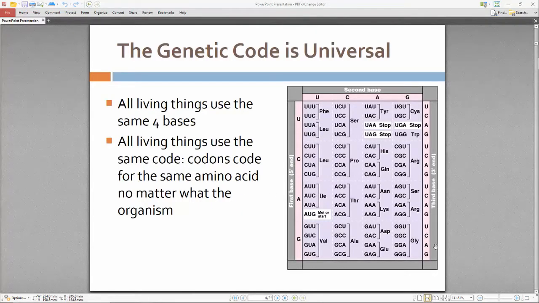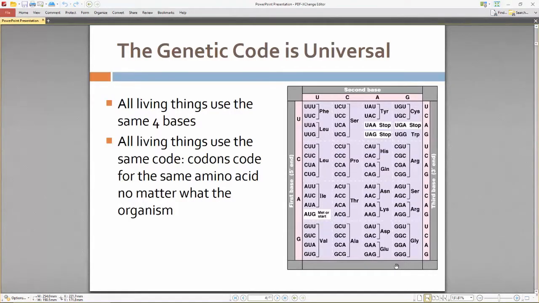So this chart, the way to read it is first of all, over here refers to the first base of your codon. And then if it's the first row, then you look at the columns, which is the second base in your codon. So let's say UC. And then for the last base, you go on the row in this little box. So if I want to do UCU, I go U over here, C, and then I look at U.